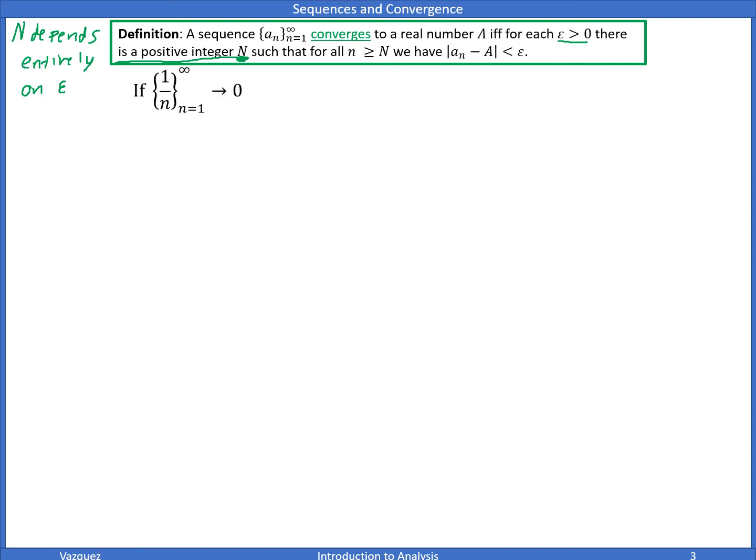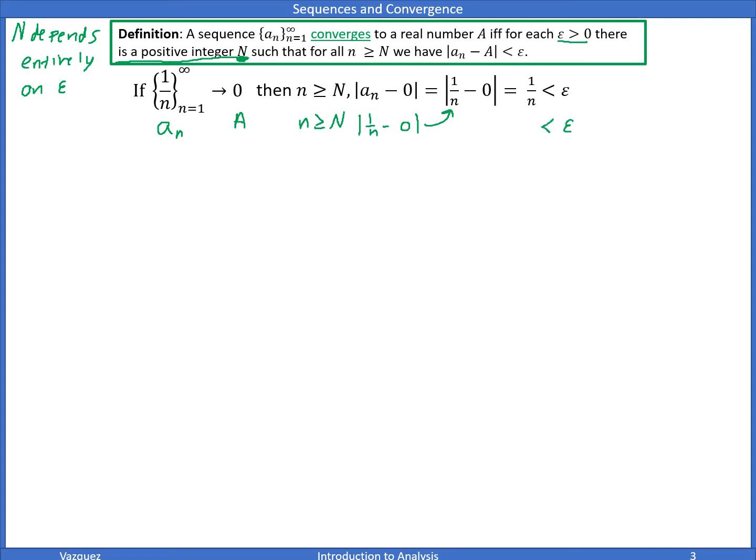Right, so an example. For example, one sequence, 1 over n, well, we think it converges to 0, right? It gets closer and closer to 0. So this is our sequence, a sub n, and 0 is our a here. Well, then I'm just going to write the rest of the definition. Then little n greater than or equal to big N, such that the difference between our sequence, 1 over n minus 0, which I write over here, should be less than epsilon.